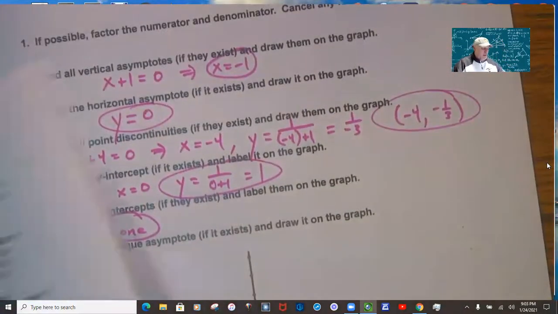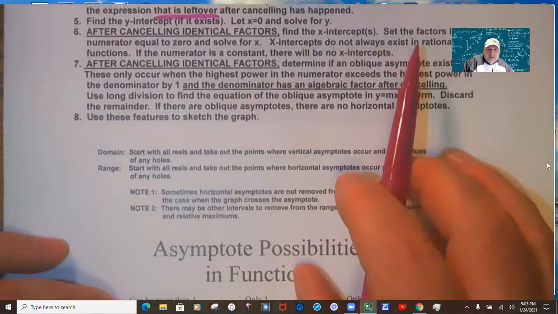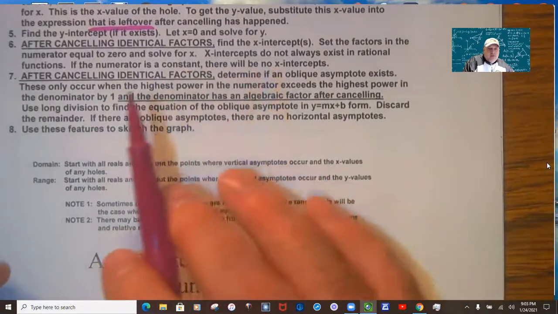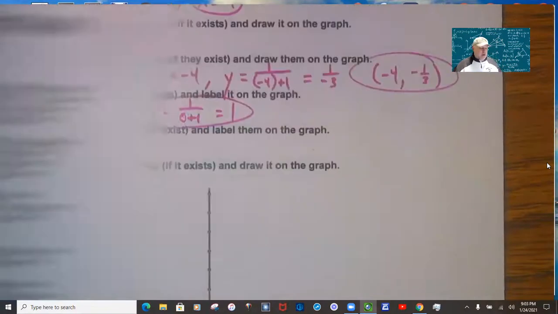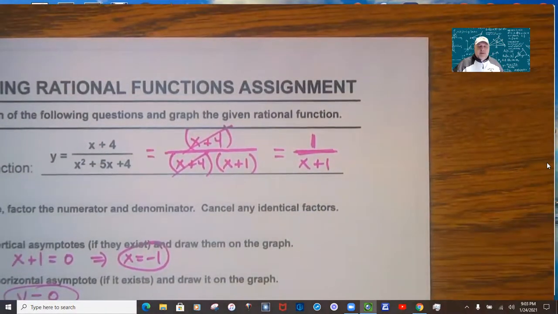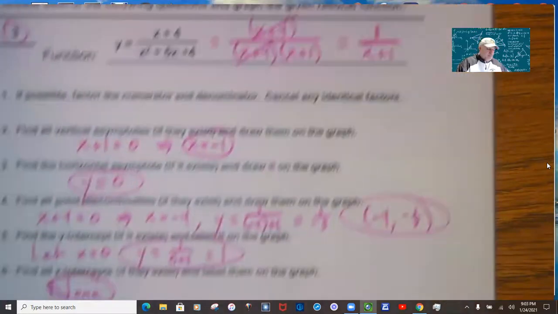Well, set the factors in the numerator equal to 0 and solve for x. X-intercepts do not always exist in rational functions. If the numerator is a constant, there will be none. So there are none because the numerator is just 1. There's no x factor to set equal to 0. And you have to go after canceling with that.